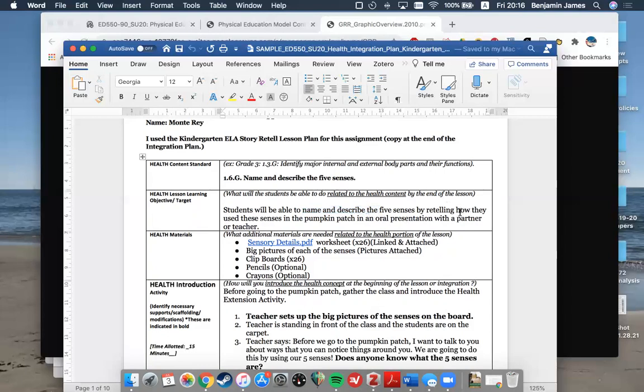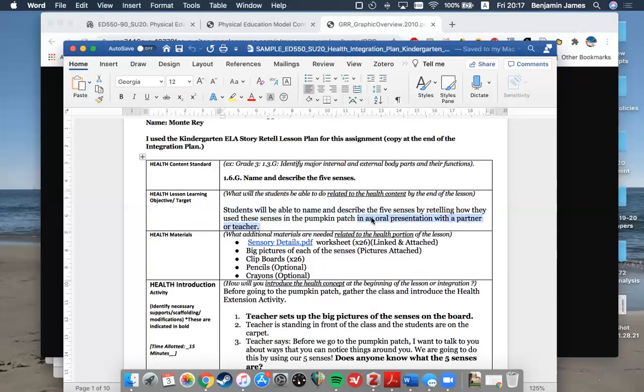And this teacher also said how they're going to do it. Now, if they had just said students will be able to name and describe the 5 senses, that's fine. But a really good learning objective not only says what the measurable action is that we're looking for, but also how the students will do it: by retelling how they use their senses in the pumpkin patch, and the actual format of that, in an oral presentation with a partner or teacher.